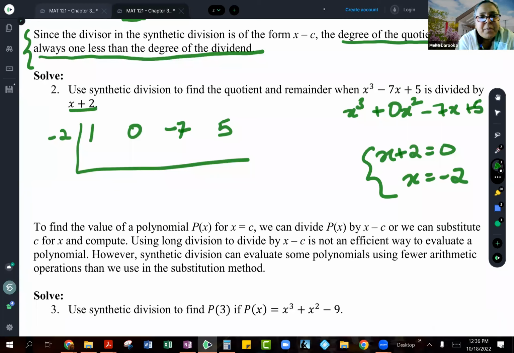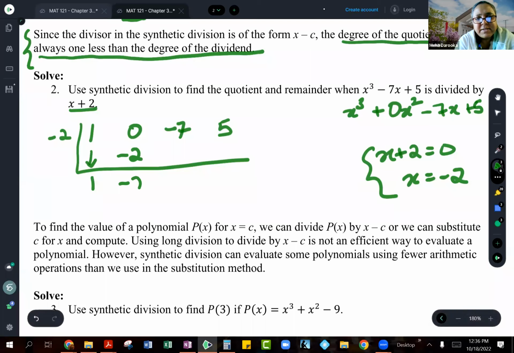Now, for that first part, bring it down as it is. No math involved in that first part. Just bring down the 1, and then you start multiplying. 1 times negative 2 will give us negative 2. So 0 minus 2 gives you negative 2. Now multiply these two numbers together.